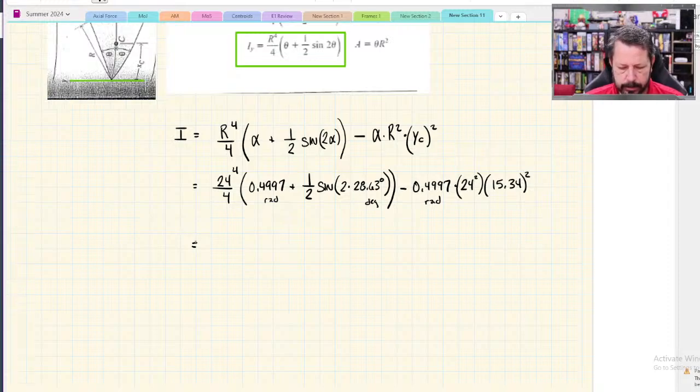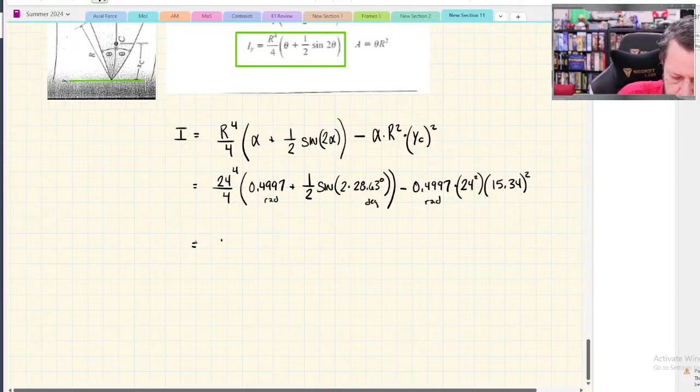So I've added on the 0.4997, still inside that large parentheses. Let's divide by 4. Multiply by 24 to the 4th. All right, so the first term here, 76330.6, those would be millimeters to the 4th.